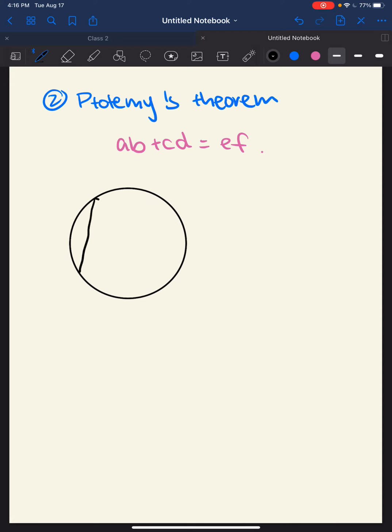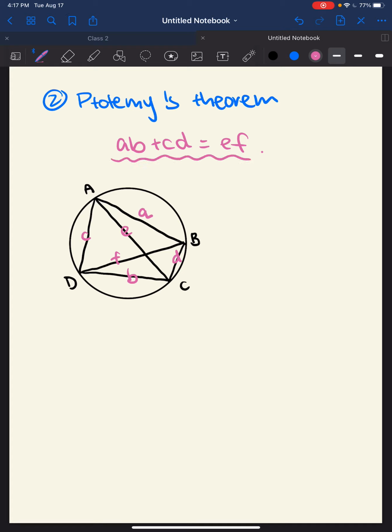So in a cyclic quadrilateral, if this side is a, this side is b, this side is c, this side is d, AC is the small e, and DB is the small f, we have this theorem which states that a times b plus c times d equals e times f.